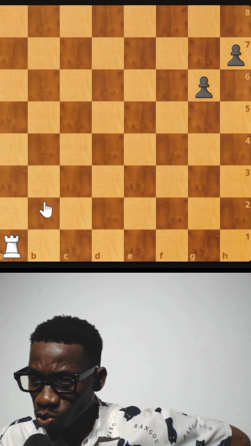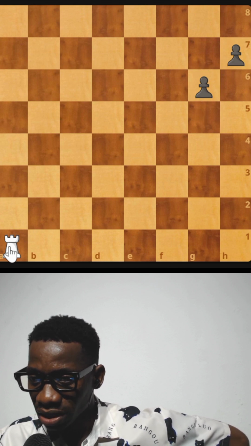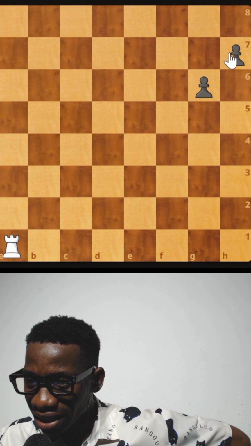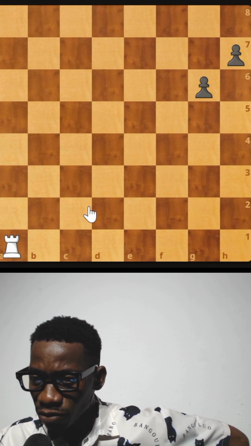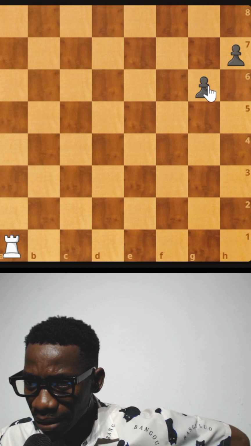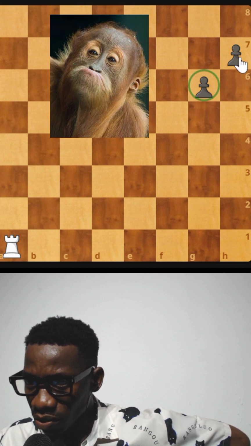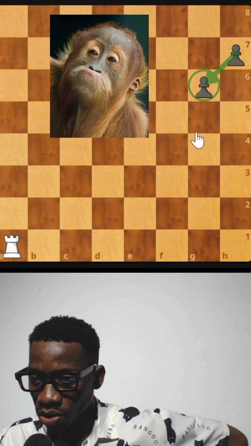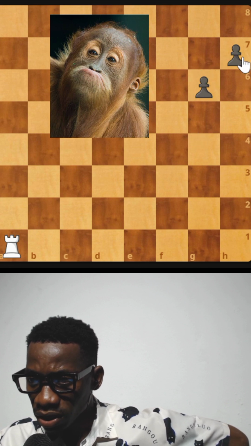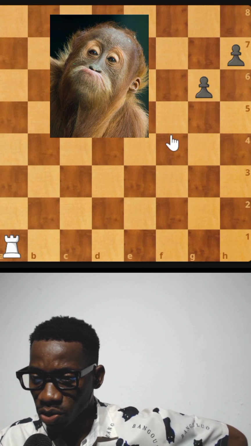So if you want to attack your opponent, attack the defender. Because if you happen to capture this one over here, this other pawn is going to recapture your rook.